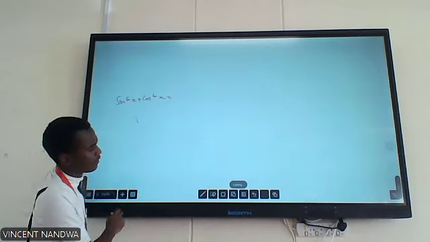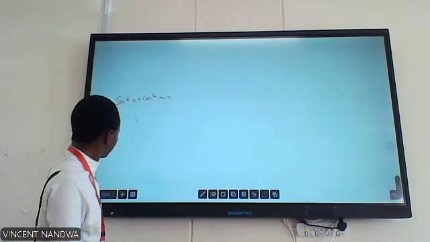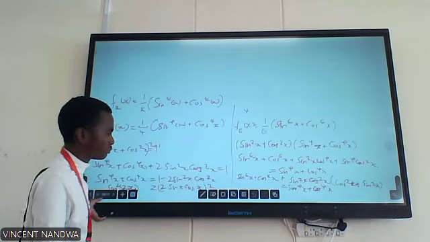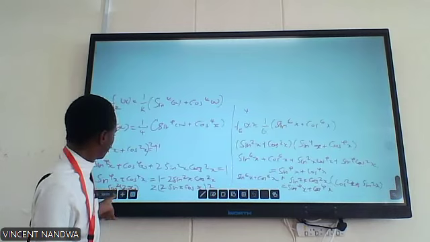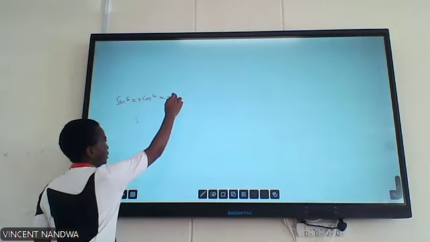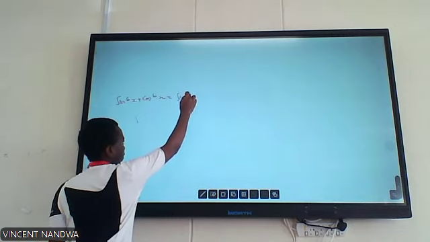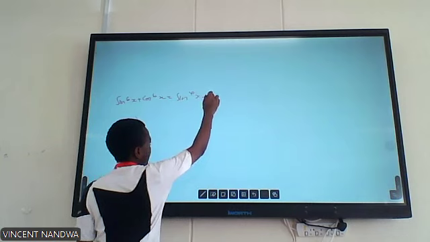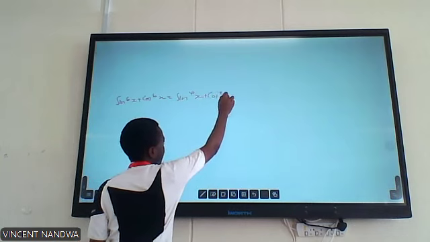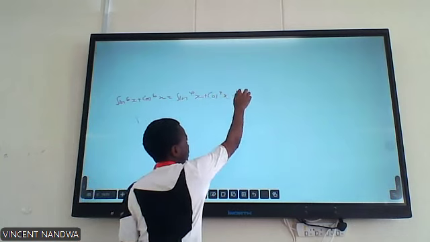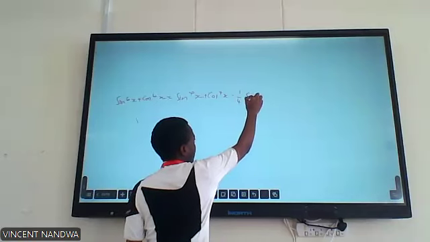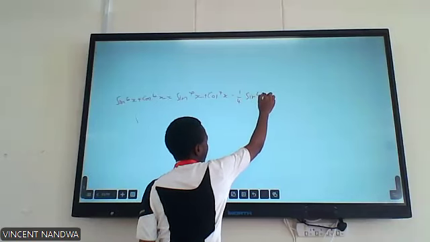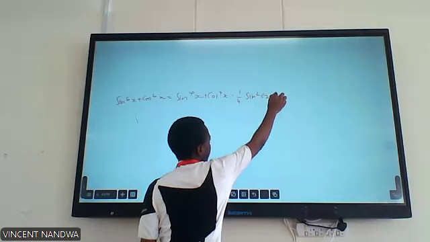So sine power 6x plus cos power 6x equals 1 minus a quarter sine squared 2x.